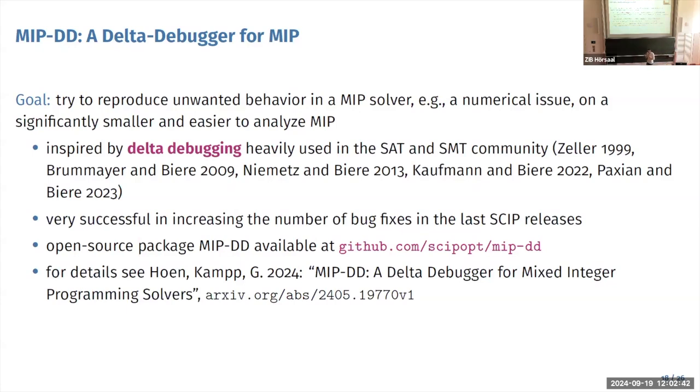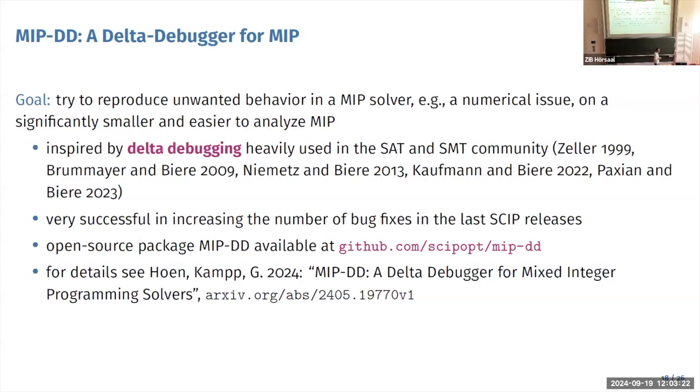This is an iterative approach where you try to simplify your model, a bit like in pre-solving, but heuristically. You're not trying to transform it exactly equivalently, but you're just trying to reduce the size, fix variables, remove constraints in order to make it smaller, and then test whether the unwanted behavior that you have still occurs. And so you iteratively try to reduce the size of your problem until you have a very small problem that exhibits the same unwanted behavior that you had in the big one, and then it's much easier to debug on this small problem than on the big one.